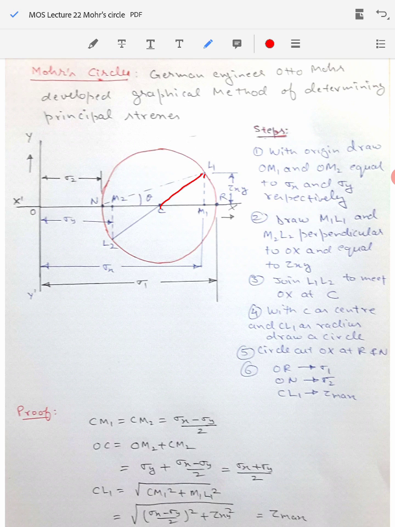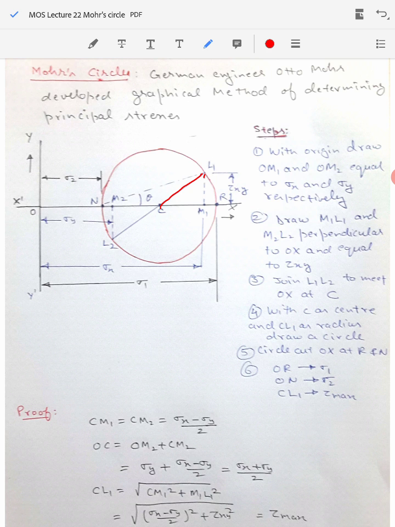We'll use a compass with CL1 as the radius and draw a circle using that radius. So with C as the center and CL1 as the radius, we draw a circle which is shown here in red in this figure. So we have drawn this circle here.